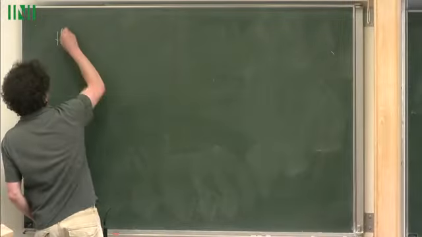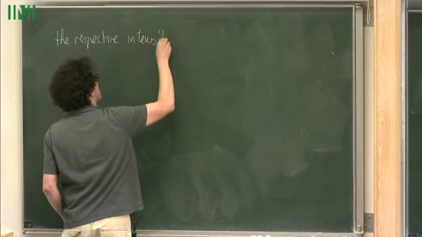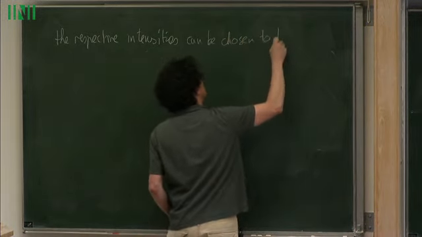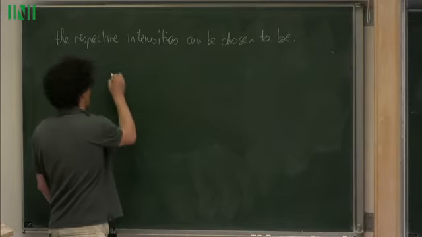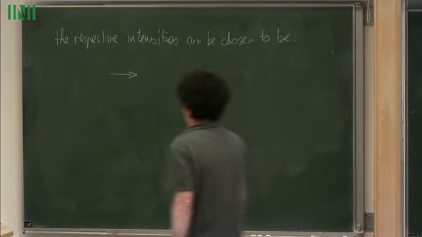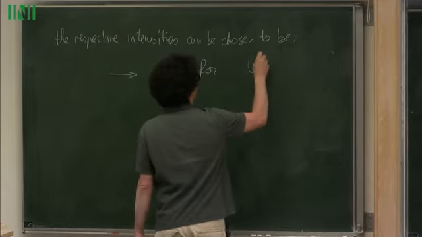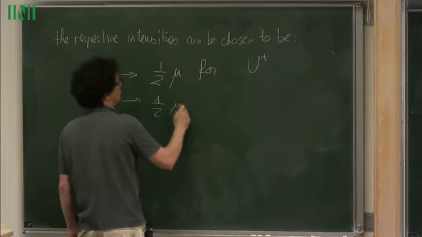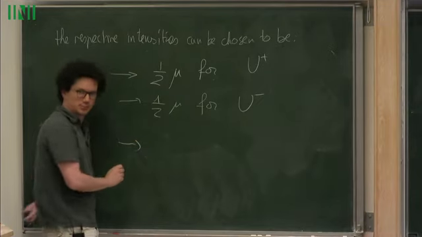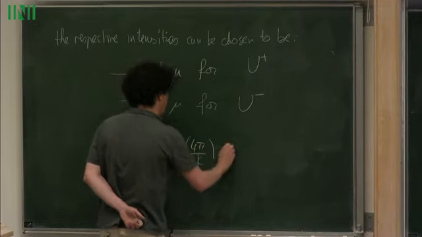So now the respective intensities can be chosen to be 1/2 of mu for U plus, 1/2 of mu for U minus. Okay, and now there's a magic constant here, which is this minus cos 4 pi over kappa times mu for L.